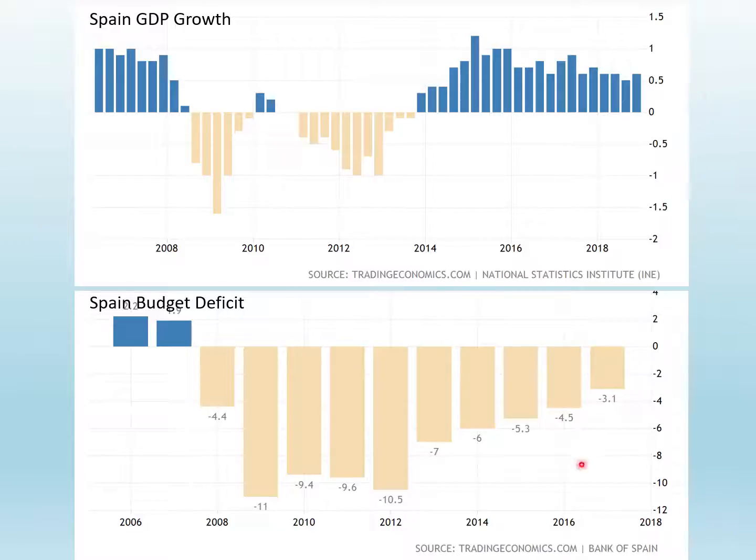And the consequence of that is that the budget deficit has been shrinking and, in the latest data we've got here, is within a whisker of being under the 3% mark. So Spain has been lucky. Spain also did many good things in order to get the economy to grow and to reduce the budget deficit.